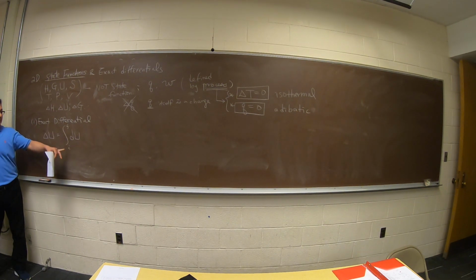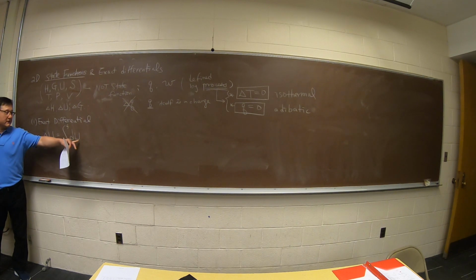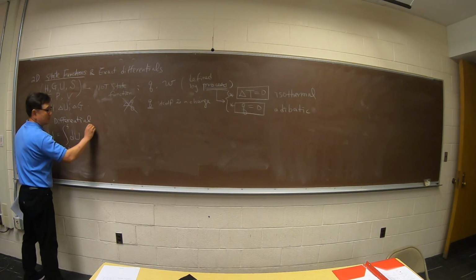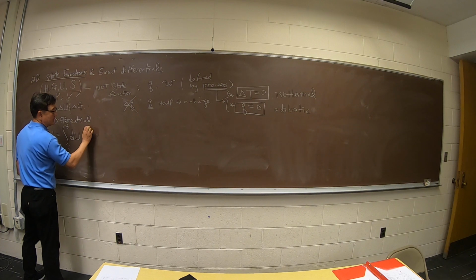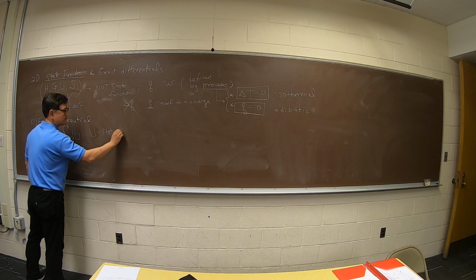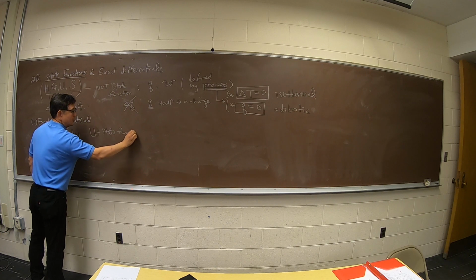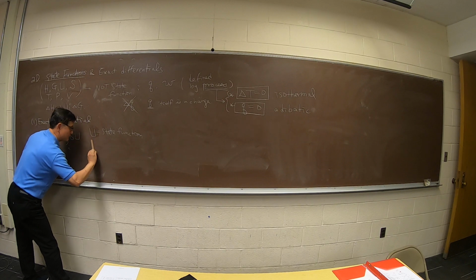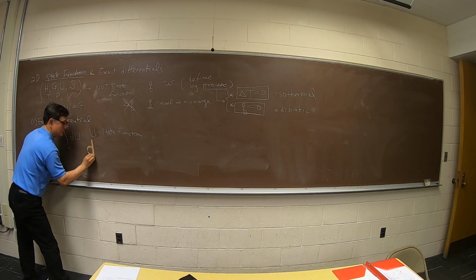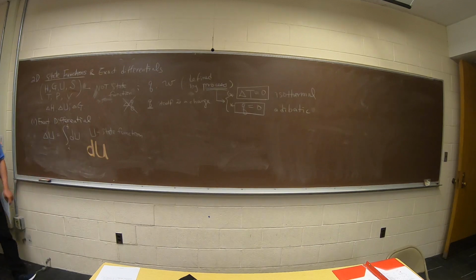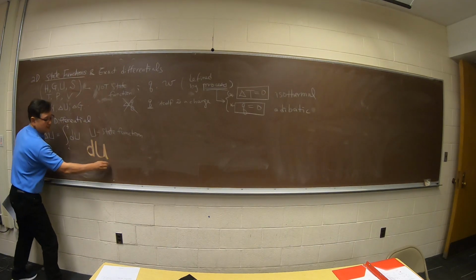This is an initial state, final state. If your U changes, there will be delta U. So U is internal energy, a state function. Once again, we love to write it this way. This is what I want you to remember. That's a notation for exact differential.